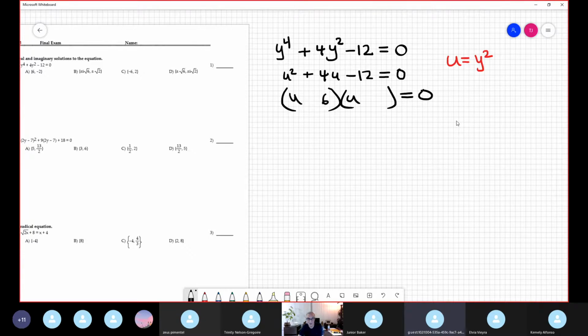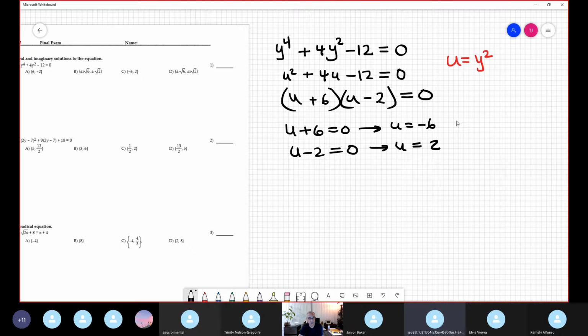So this one is positive and this one is negative. 6 minus 2 is 4. One solution is negative 6, another solution is positive 2. But remember, this is not the answer. You see in option C, minus 6 and 2.